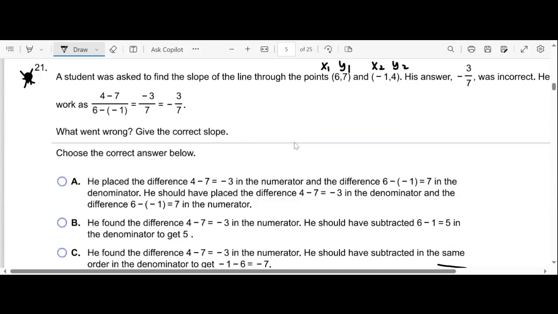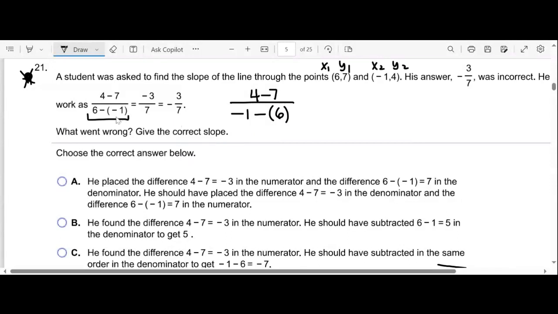He didn't use the rule correctly. Yes. So what's wrong with this? The rule is y2 minus y1 over x2 minus x1. So we did 4 minus 7. Correct. What about the bottom? It should be what? Minus 1 plus 6. Sorry, minus 6.